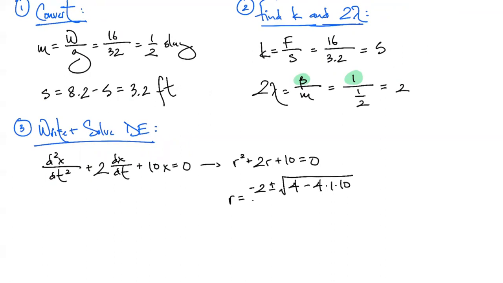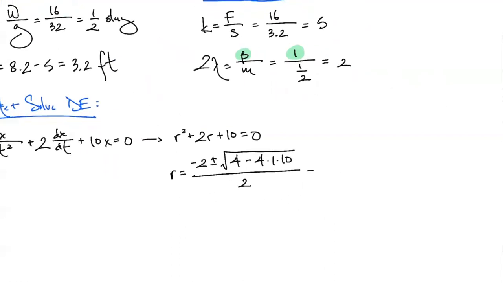Yep, it is going to be underdamped because I've got a negative underneath that square root. We do a little bit of mental math. We get negative 2 plus or minus, 4 minus 40 is negative 36, so 6i over 2. And then I get negative 1 plus or minus 6i.